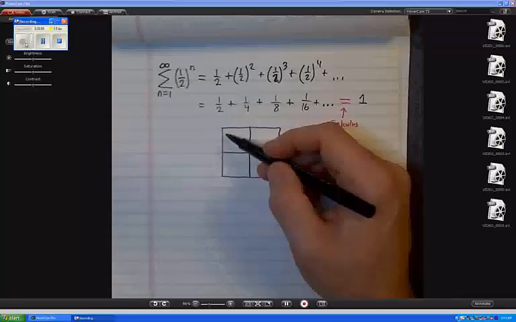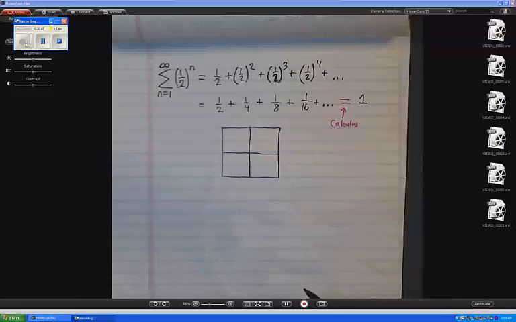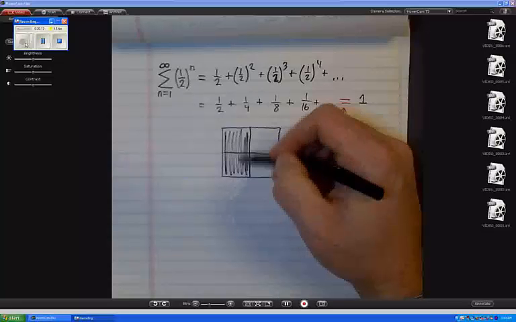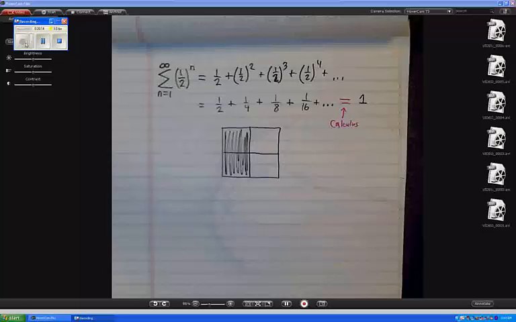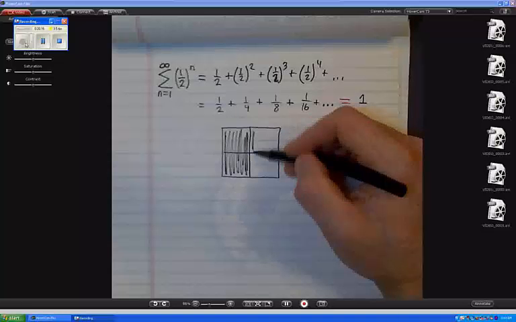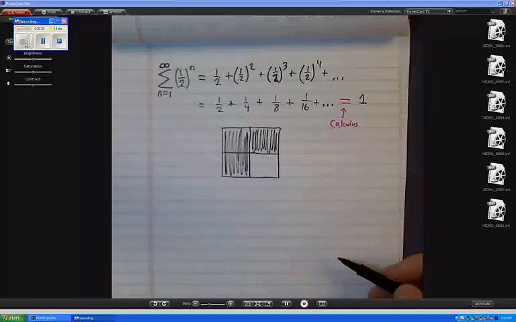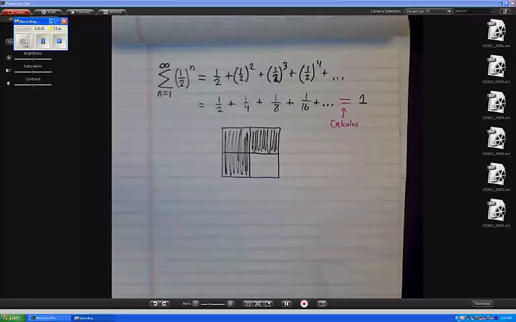But, okay. So I can use this picture to represent our series. How much of the sandwich have I eaten so far? A half. Plus a fourth. Now, if my mom had wanted to teach me some calculus, she would have been smart. She would have provided a plastic knife.